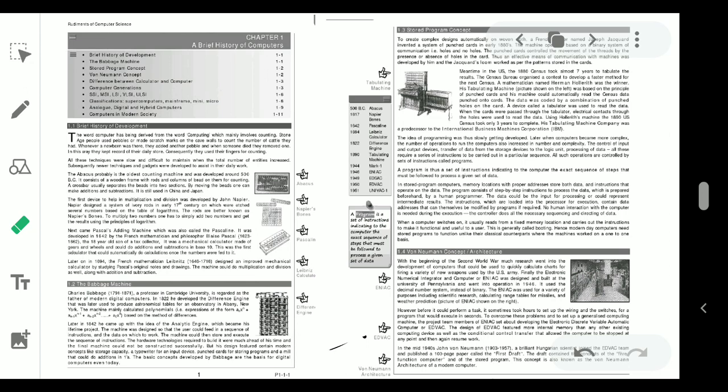In the mid-1940s, John von Neumann, a brilliant scientist, joined the EDVAC team and published his paper, First Draft. John von Neumann introduced the modern computer's features, the 5 functions, that is memory, processing, control, input and output.